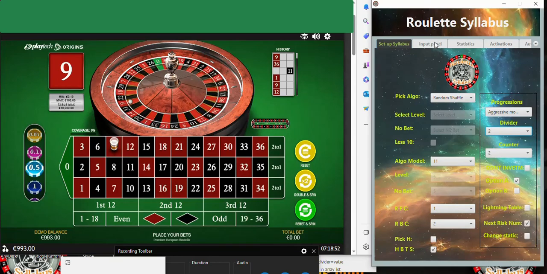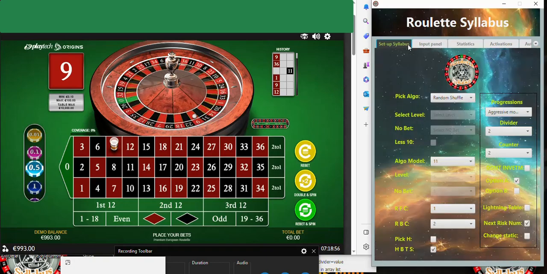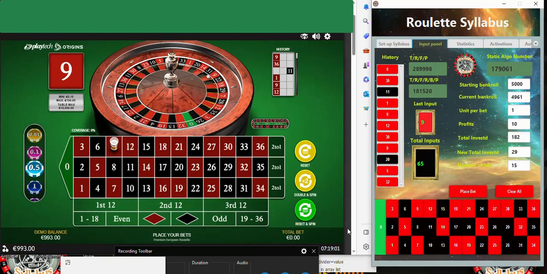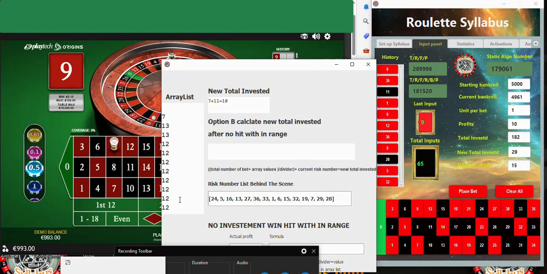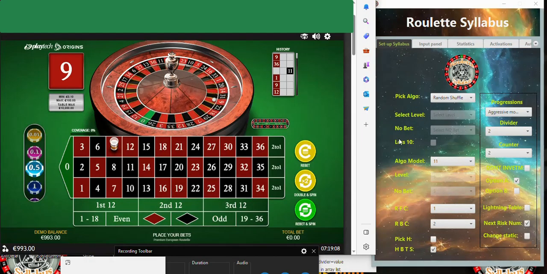I could leave it at 5, but it is time consuming for me in the long run because it is going to be appended at the bottom here. So I am going to leave it at 2, and then I keep on to rebet and clear. And I spin.